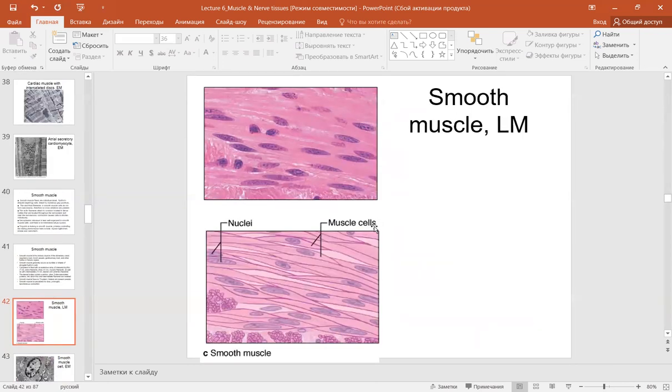Smooth muscle on the light microscopic level: individual spindle-like leiomyocytes or smooth muscle cells, centrally placed nucleus, cross-sectioned and longitudinally sectioned smooth muscle tissue.